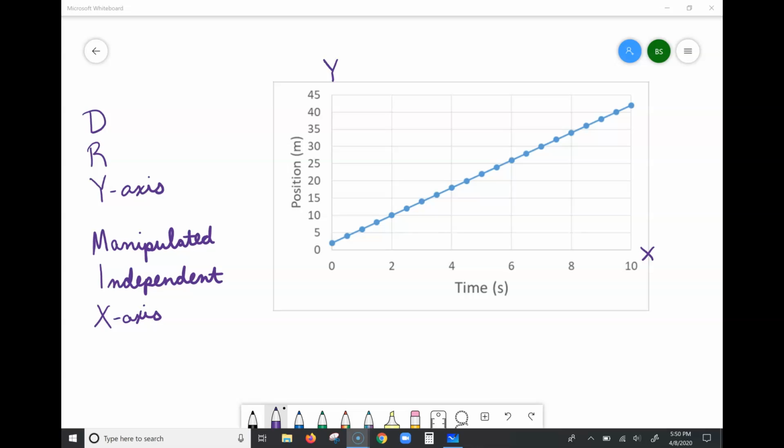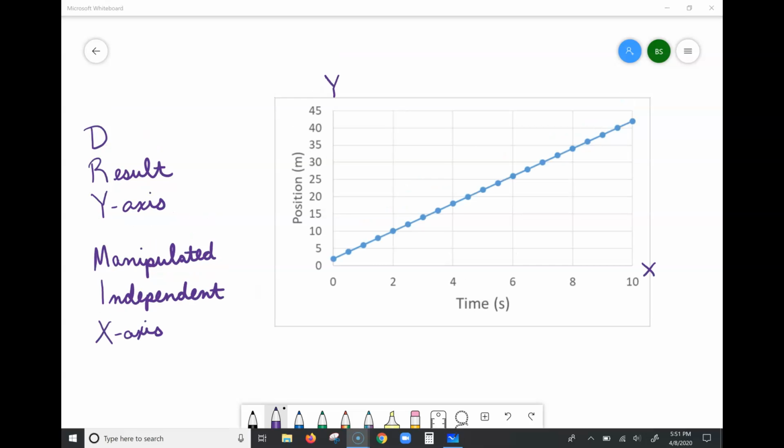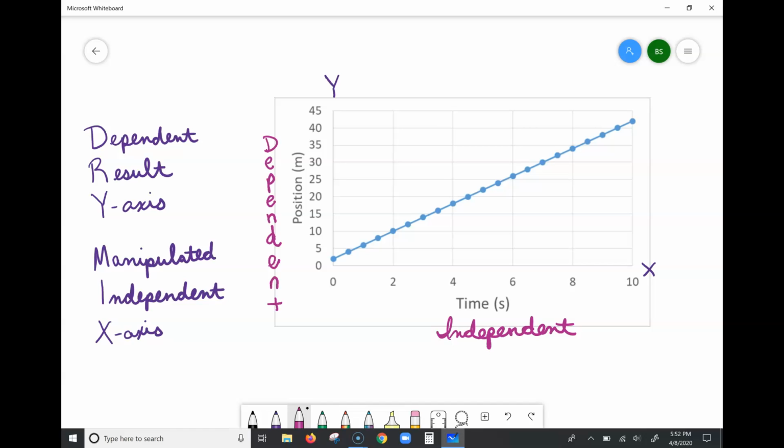Remember that the manipulated independent variable causes the result of the dependent variable, which helps us remember that every time we look at a graph, the independent variable will be graphed or labeled on the x-axis, and the dependent will always be graphed on the y-axis.